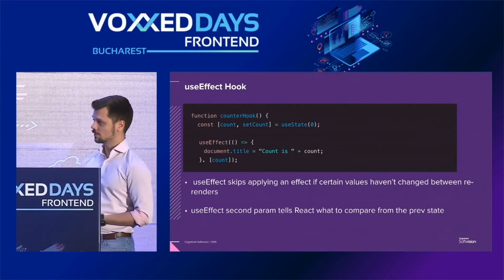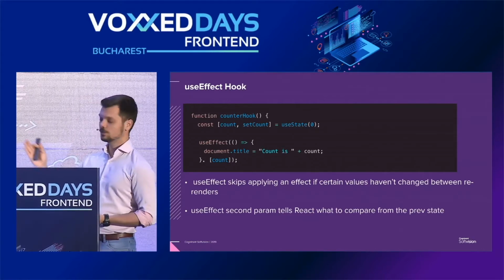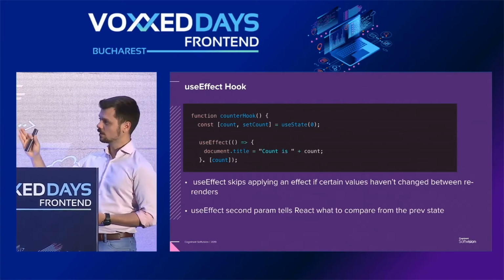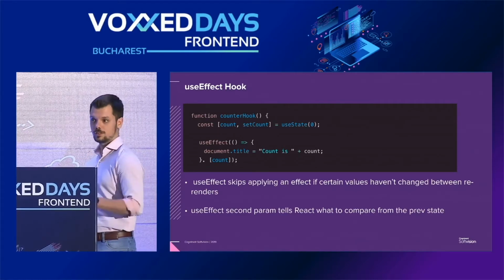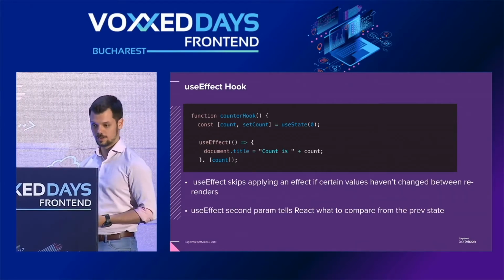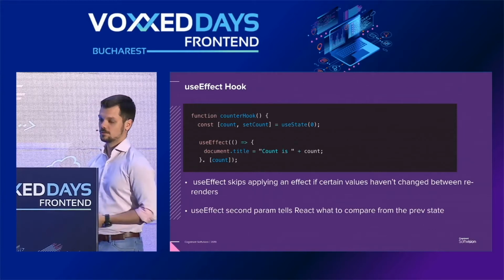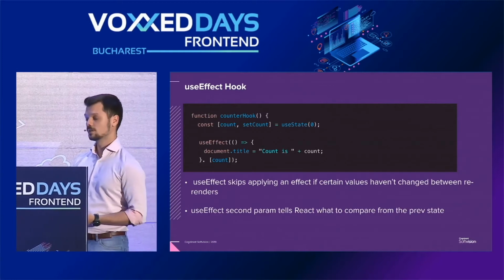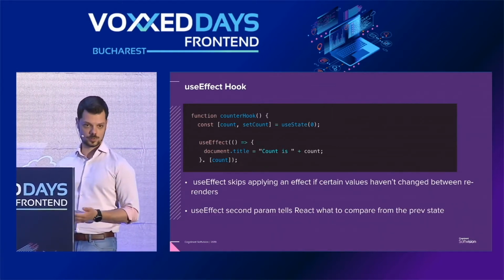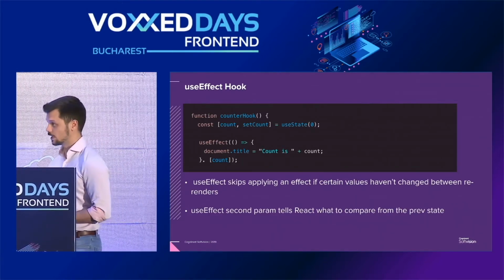If you use this optimization, make sure that you include in that array, where I wrote count, every property that can change, and that you need to verify. So props, state, the properties that change over time and are used by the effect should be written there so you can optimize your code. You don't render every time.